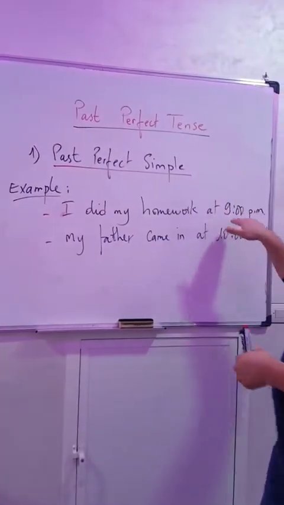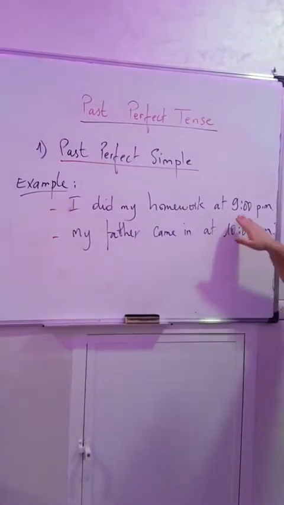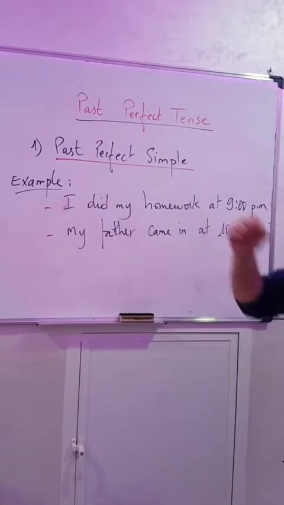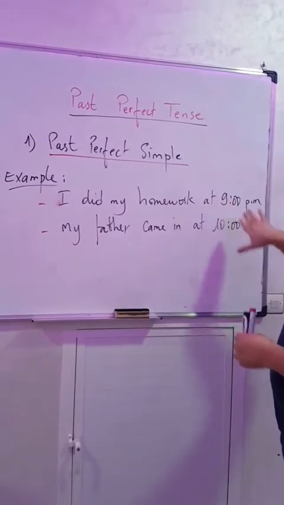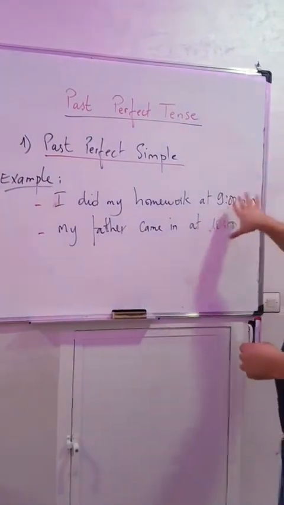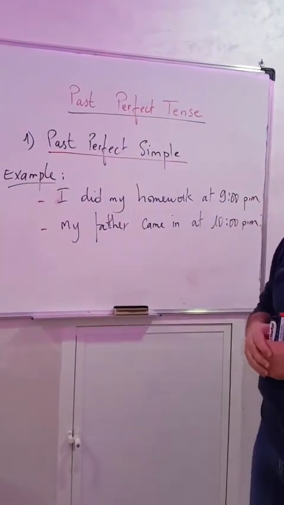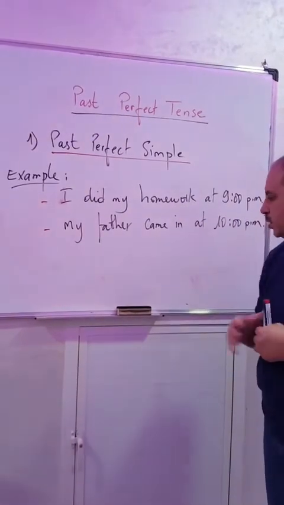In this example I give you the time just to help you understand the order of these actions. There is no need to use the time when we link these two actions.